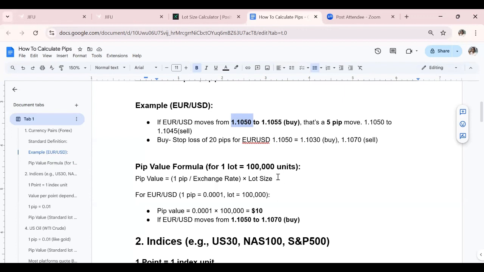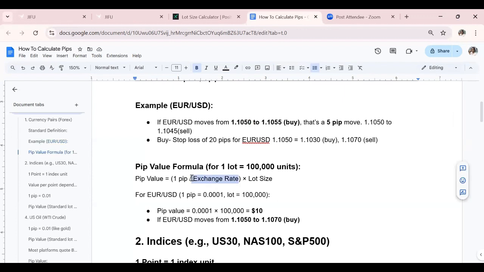Let me remove this so there is no confusion. Now, we are calculating the value of 1 pip. What is 1 pip?